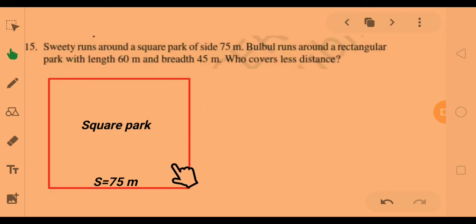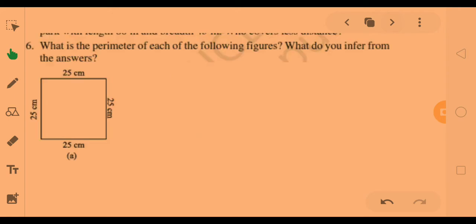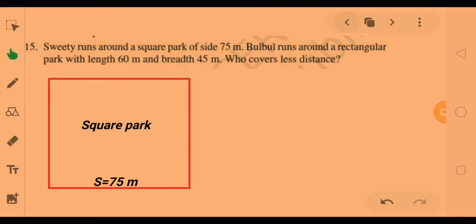Sweetie is running around the square park and Bulbul is running around a rectangular park. So we find the distance, that means the perimeter of square park as well as the perimeter of rectangular park. Which one is less, which perimeter is less, then that particular person covers the less distance. Let us first calculate the distance covered by Sweetie. So perimeter of square park.